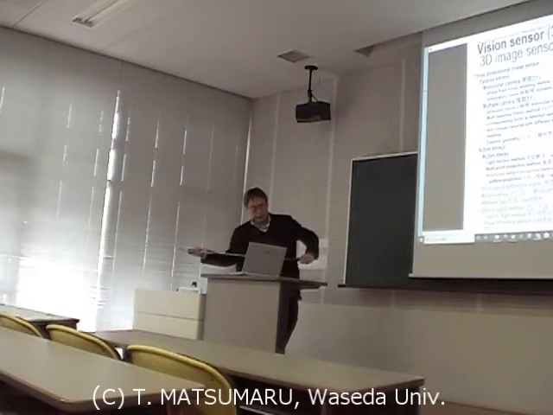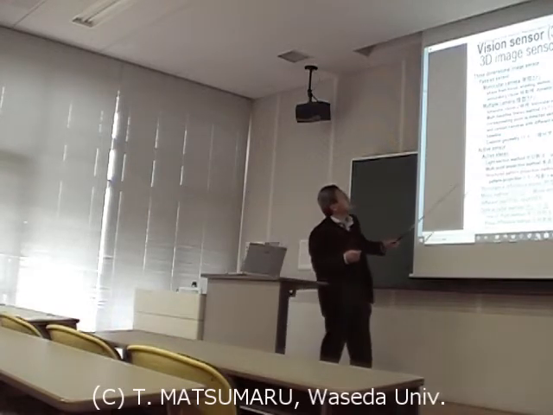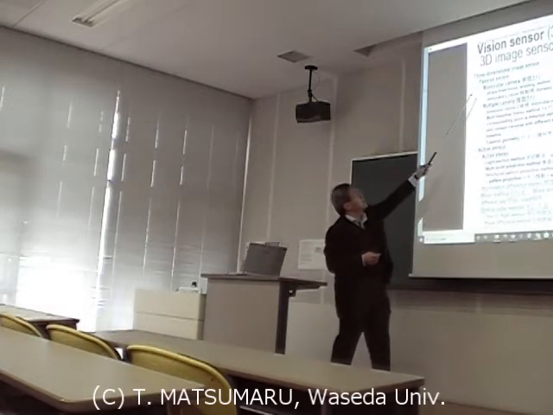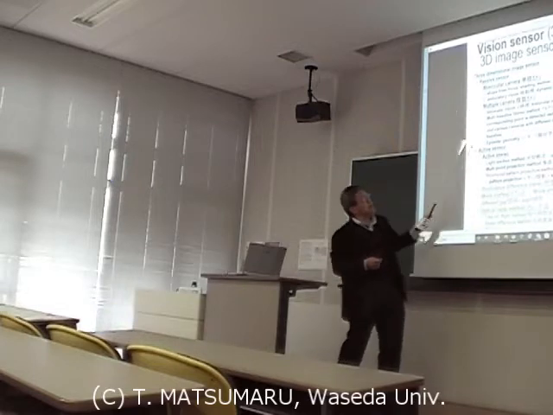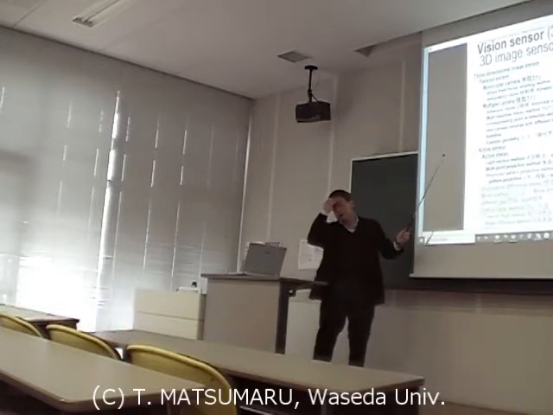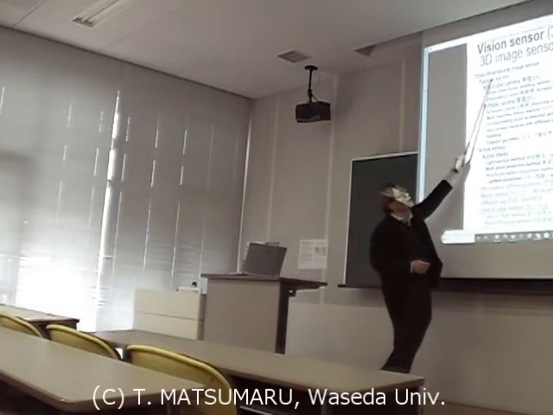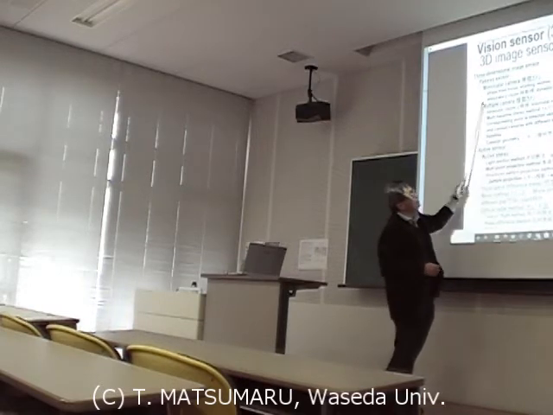And the 3D image sensor is divided into two types, passive sensor and active sensor. Passive means only the lighting condition is detected.